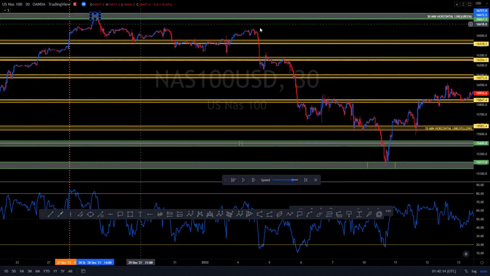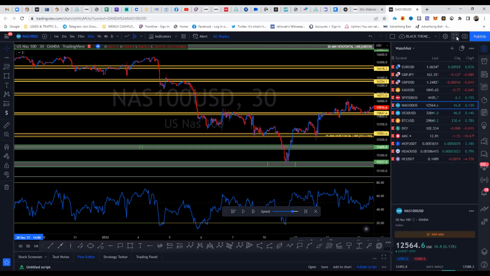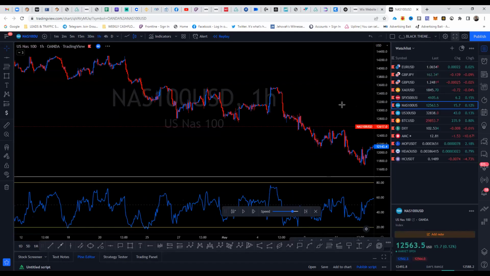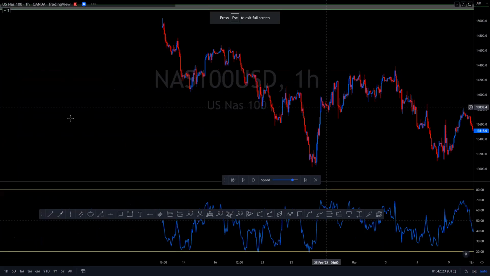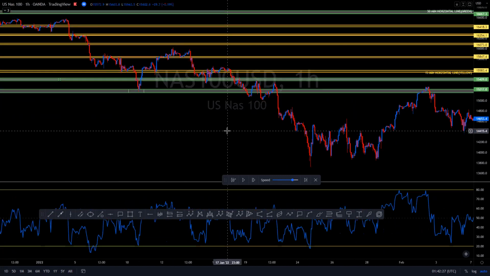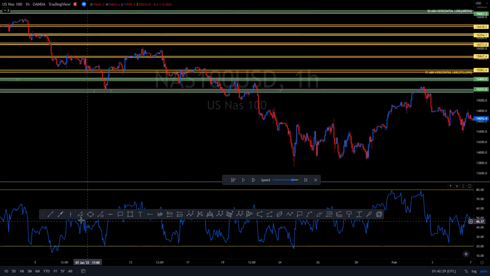All right. So now that we marked that up, we're going to go to the 1 hour. This is the last vertical line we drew there. So now we're going to get all of this here. So I'm going to put a vertical line here.